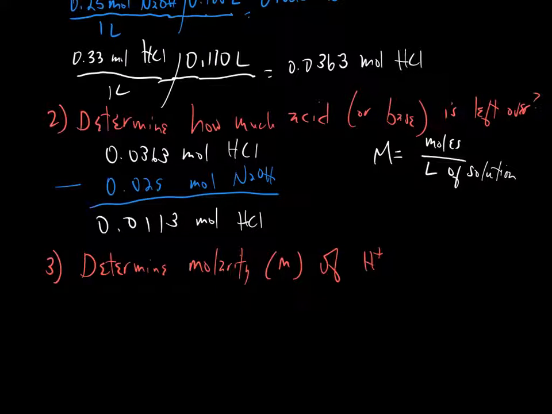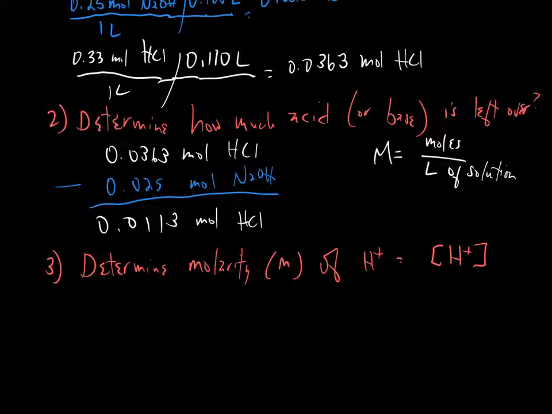If you had extra base, you would be determining the molarity of the OH minus. To get that pH, you have to do it in molarity. Because literally, when I say molarity, that is equal to, they put the square brackets. That's what that means, which is where we're going to get the pH.